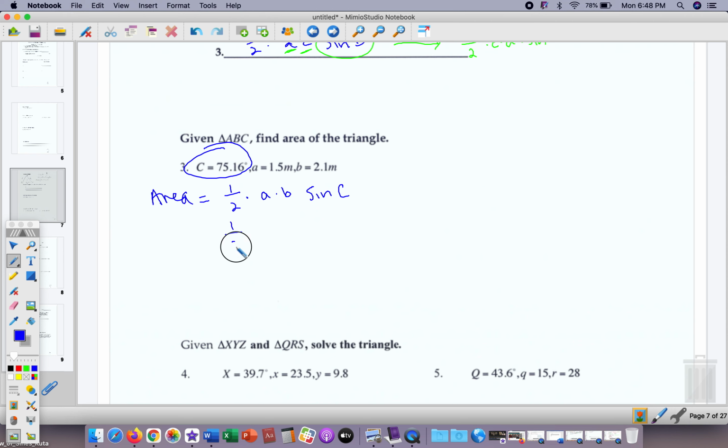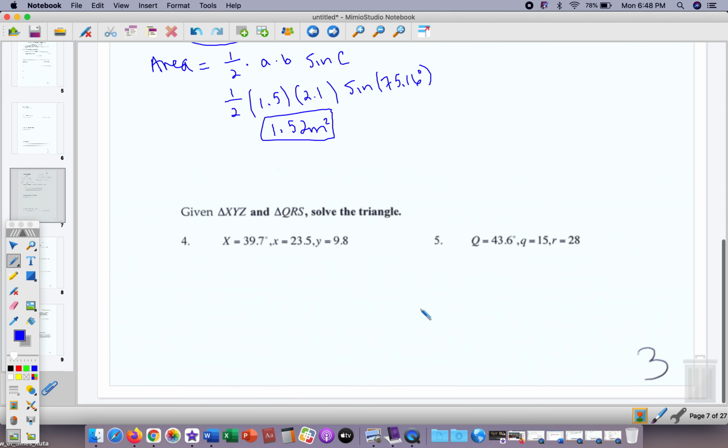So we have 1/2 times a is 1.5, little b is 2.1, sine of angle C is 75.16. And when we multiply all that out, we get 1.52 square meters.